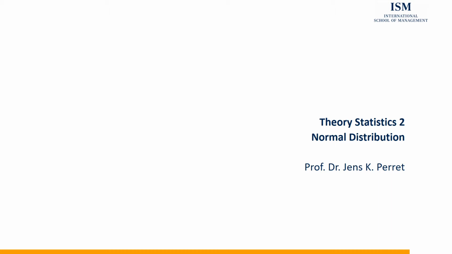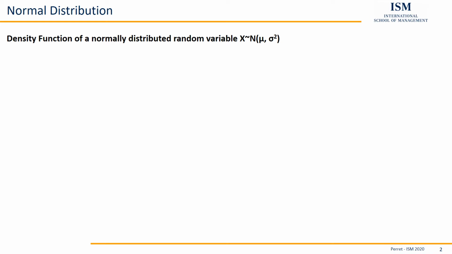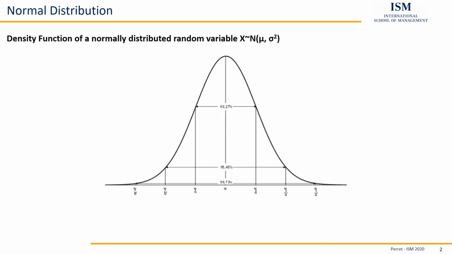In this unit, I generally just want to go about how we can use the normal distribution to calculate probabilities with regard to normally distributed random variables. In this case, we want to start with, let's say, a well-known graph, which is the so-called bell-shaped or Gaussian bell-shaped curve, which describes the density function of a normally distributed random variable with a mean of mu and a variance of sigma squared.